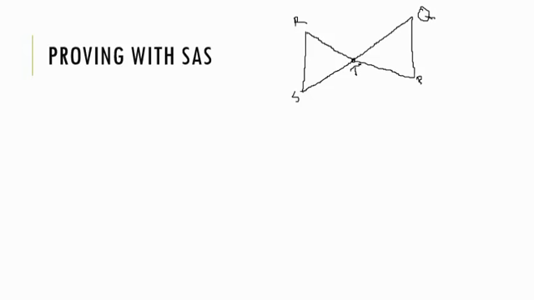Alright, well, let's say we're given that RT is congruent to TP. You might also be told that SQ is a bisector of RP. Therefore, RT would be equal to TP, or congruent.